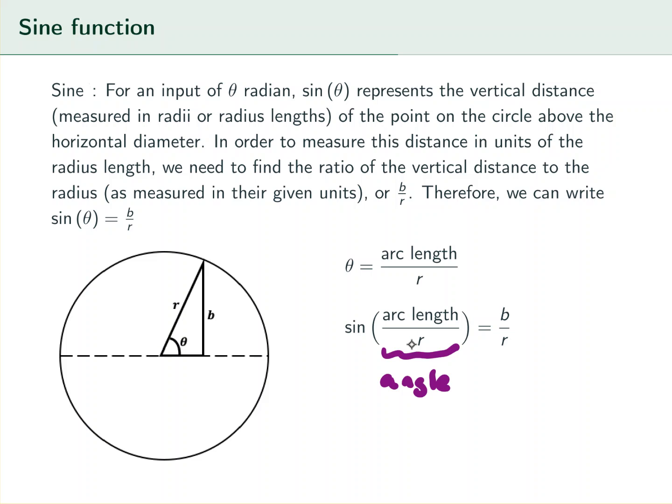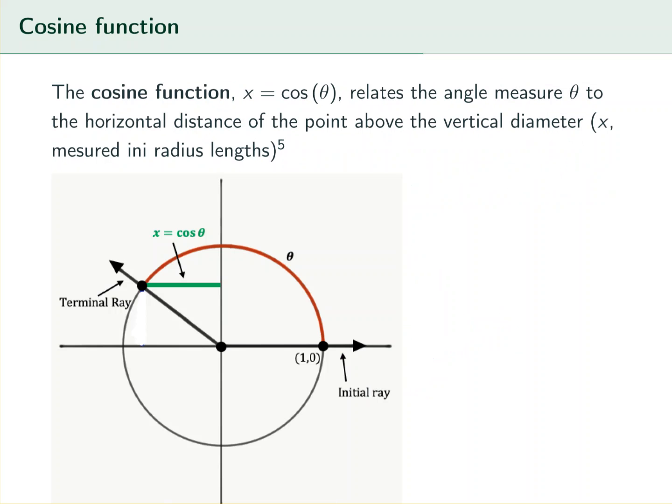As you can see, both are divided by radius length. How about the cosine function then? Cosine function represents the horizontal distance measured in radius length. So here's the input angle right here, theta. This is the input.